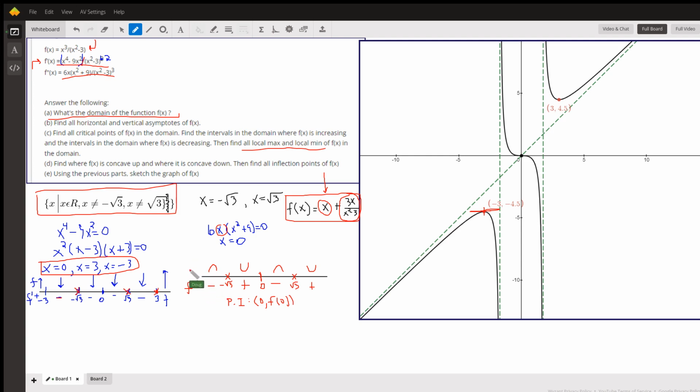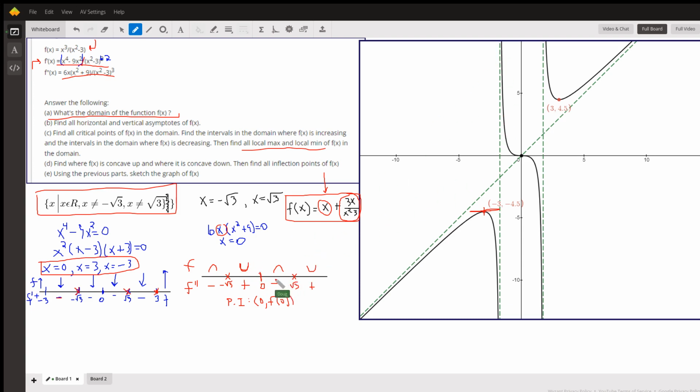so the original function is concave downward. And that's this portion of the curve right here. Between negative square root of 3 and 0, perhaps a test number of negative 1, we find out that the second derivative is positive, so I think smiley face, concave up.